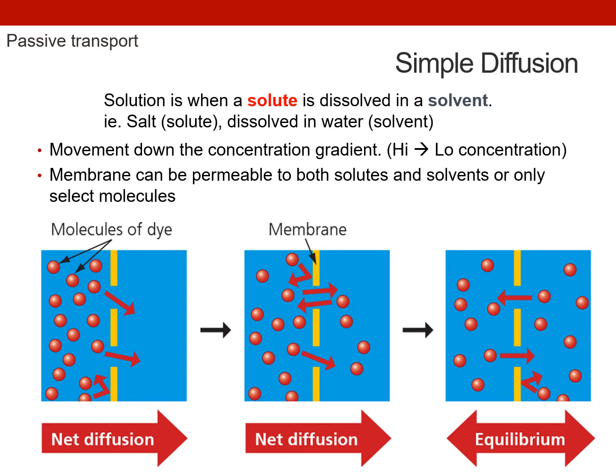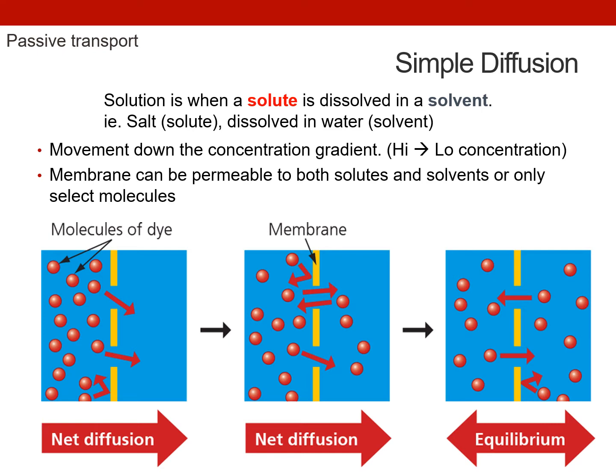This figure shows a solvent in blue that has a membrane separating the container into right and left sides. Molecules of dye are added to the left side of the container, and the molecules start to move through the holes in the membrane from the area of higher concentration to the area where the molecules are in low concentration.